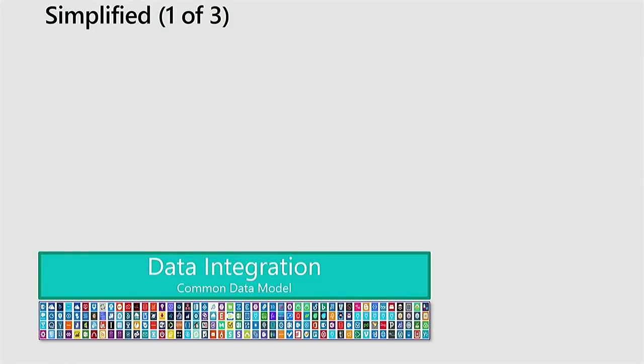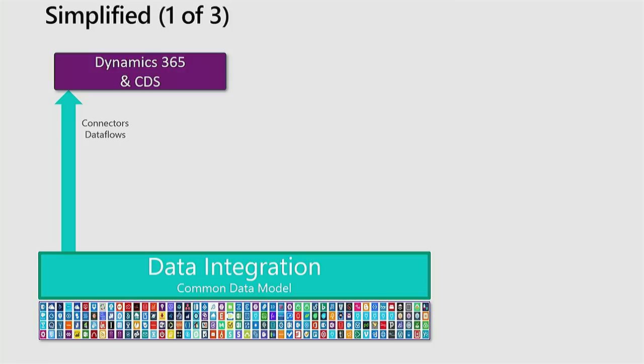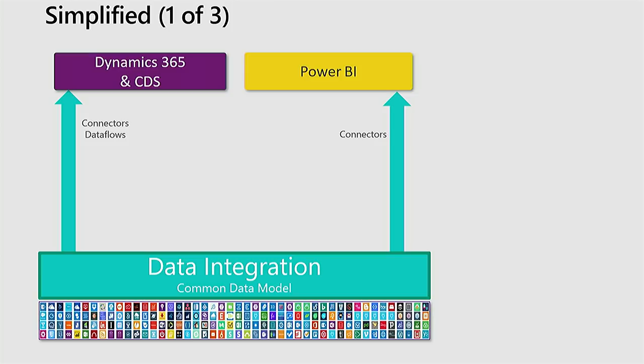So this is a slightly different and a geekier version of the slide that I provided. Like I talked about, there's a connector ecosystem. Through data integration technologies, you bring that data in across one or many sources, and then you modulate it with Common Data Model, and then you put that data either in CDS or Power BI, and then you provide an experience on top of that.